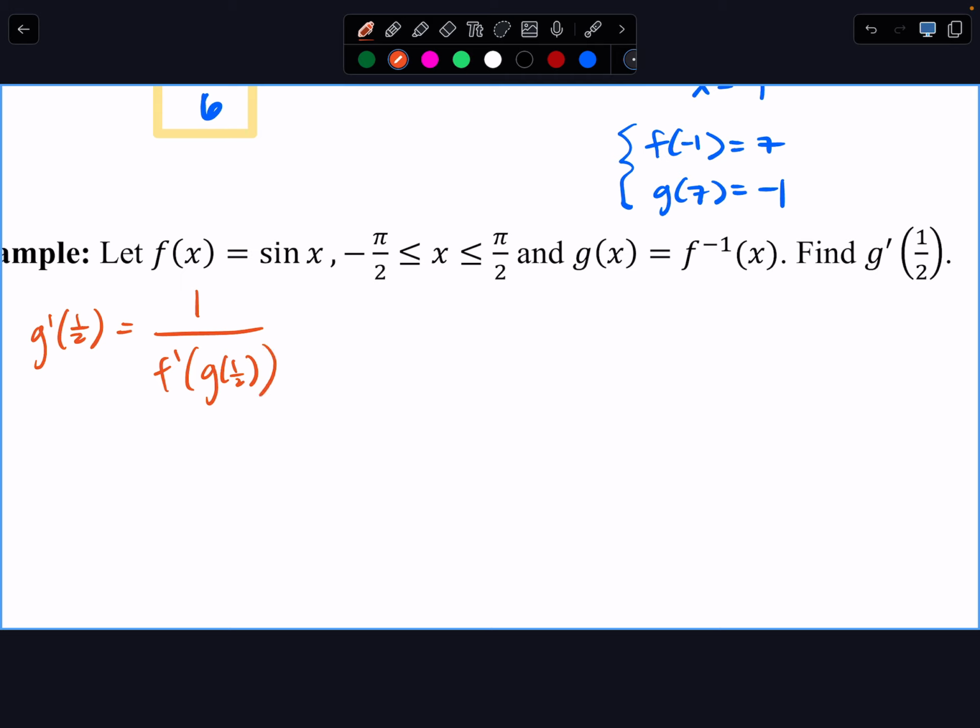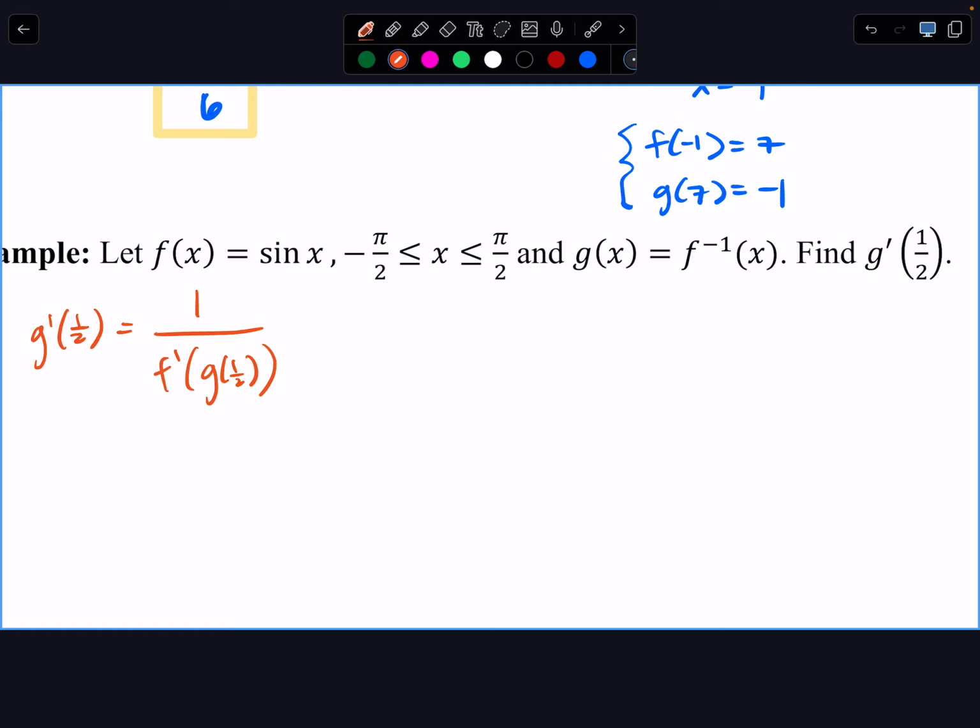Well, if f is equal to sine, wouldn't the inverse be arc sine? Arc sine, or inverse sine. That is very true.